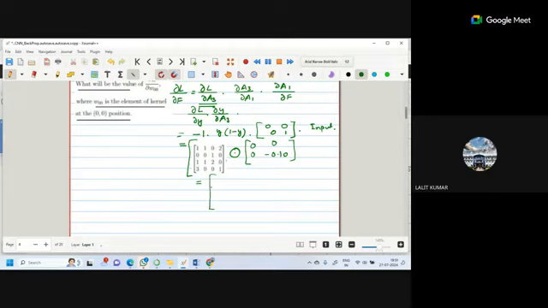So this will become 0, this will become minus 0.10, this will become 0, here again minus 0.10, minus 0.20, 0, here 0, here 0, and here minus 0.10. So this is our del L over del F. And in the question they have asked at 0,0 position, so the answer is this.